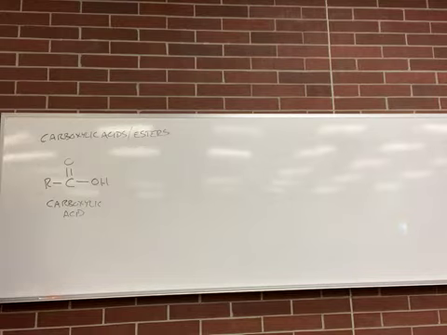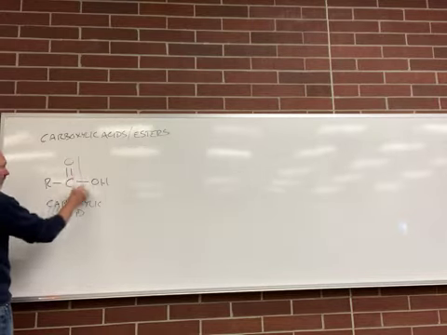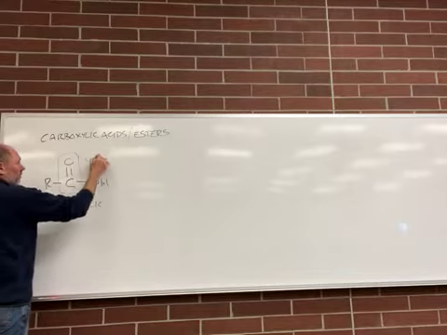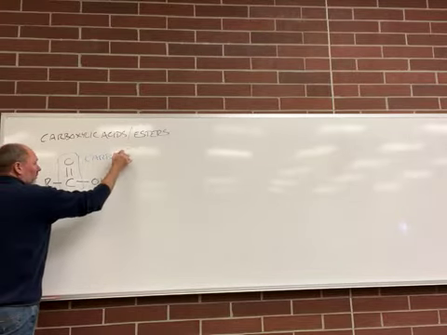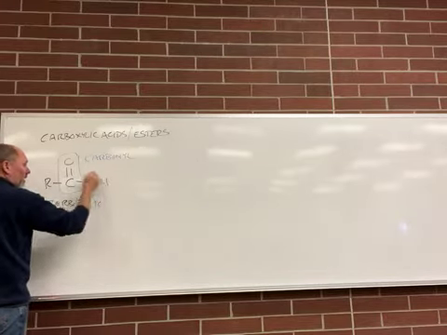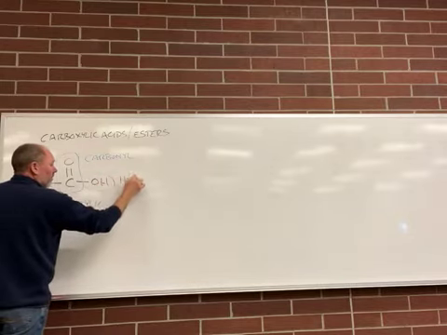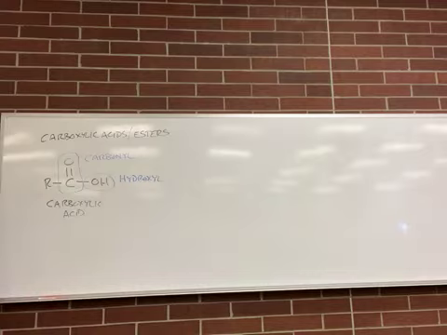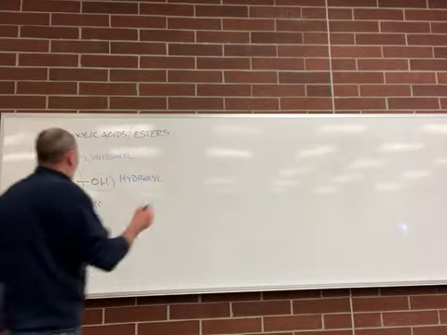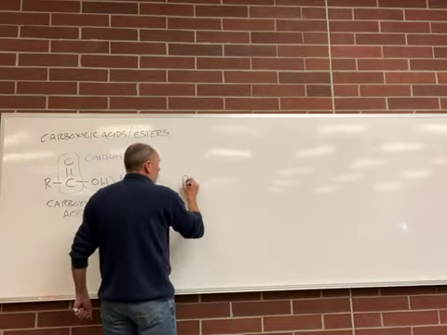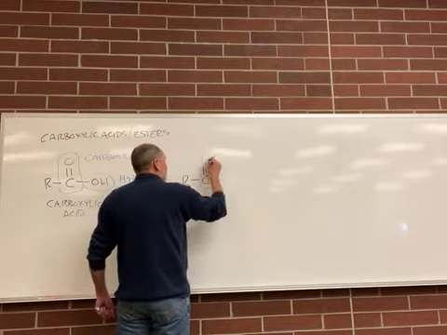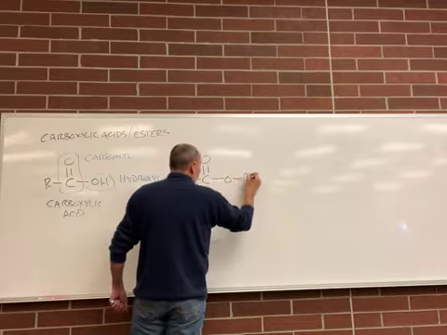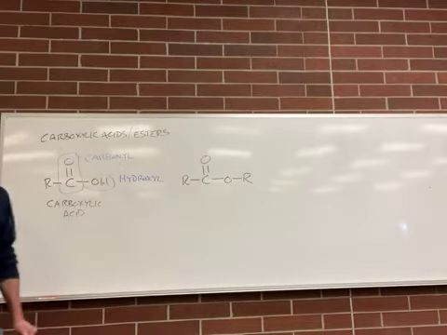So it has a carbonyl, and it has a hydroxyl group. Okay, that's what makes the carboxylic acid. Esters are different. Esters are R-carbonyl, but instead of a hydroxyl group, they have another carbon out there.